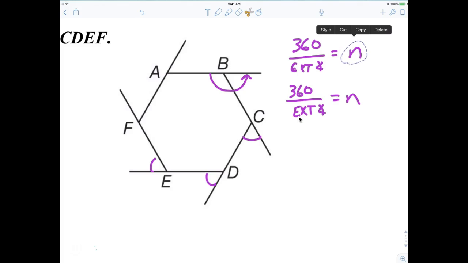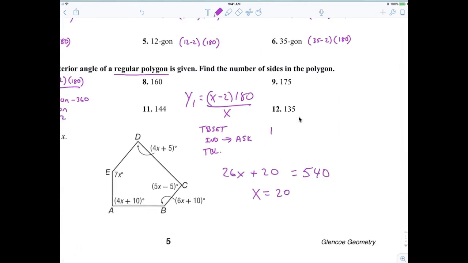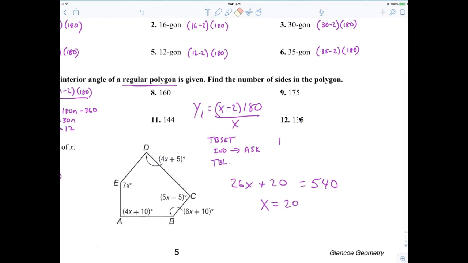So now keep in mind what I said, that the exterior angle plus the interior angle is always 180 degrees. Now let me show you how quickly you can do these problems up here. For example, look up here.